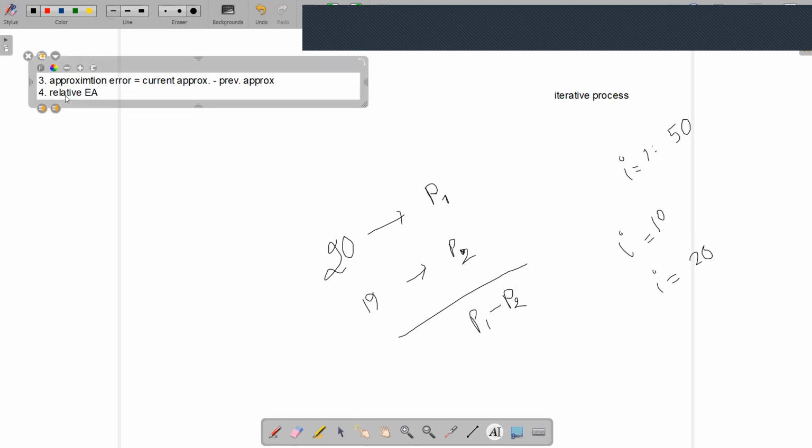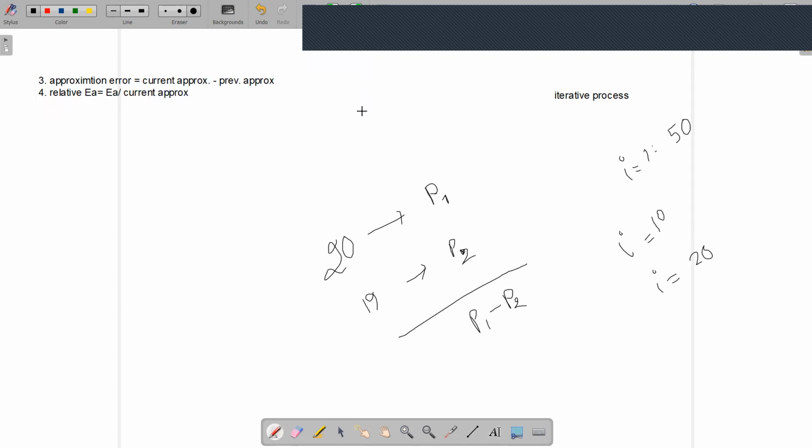And you can also add something like this, the relative approximation error. Relative E_A is equal to your approximation error E_A divided by your current approximation. E_A stands for approximation error: capital E is for error and subscript A is for approximation.